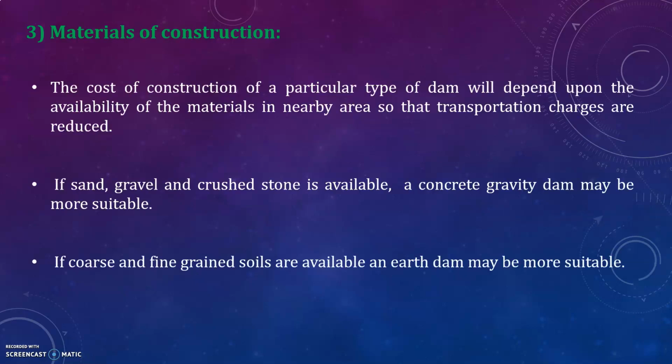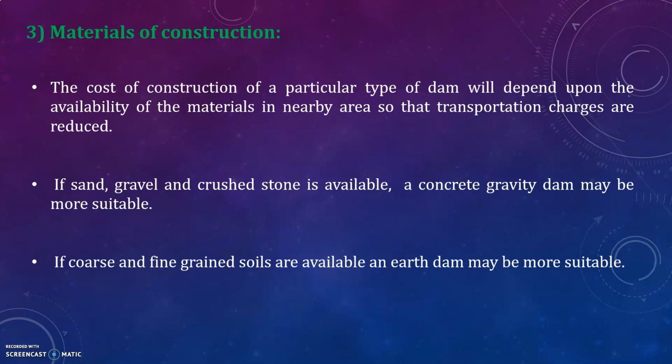Next factor is the materials of construction. This is one of the important factors, the availability of materials of construction for dam. The cost of construction of a particular type of dam will depend upon the availability of the materials in nearby area so that transportation charges are reduced.